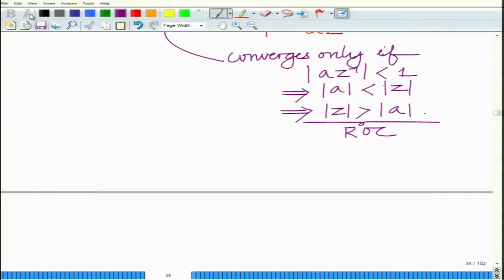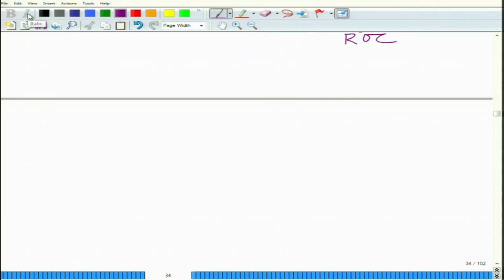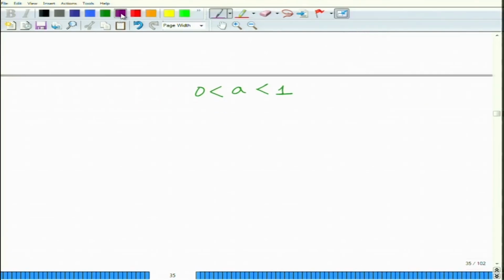Let us consider a to be a real quantity less than 1, consider 0 less than a less than 1, then we can plot the ROC.